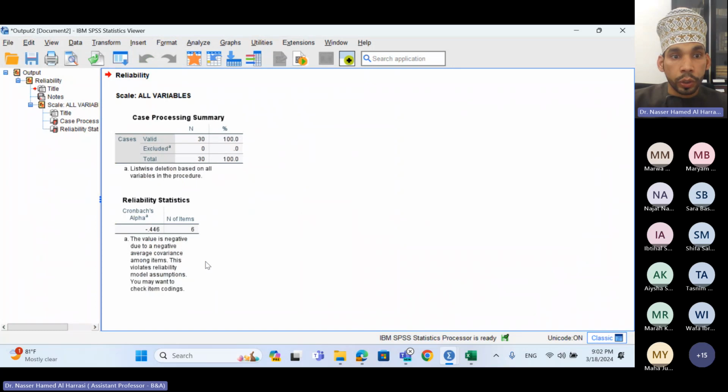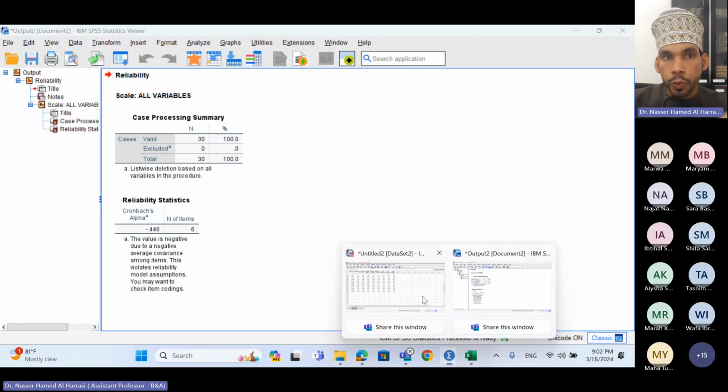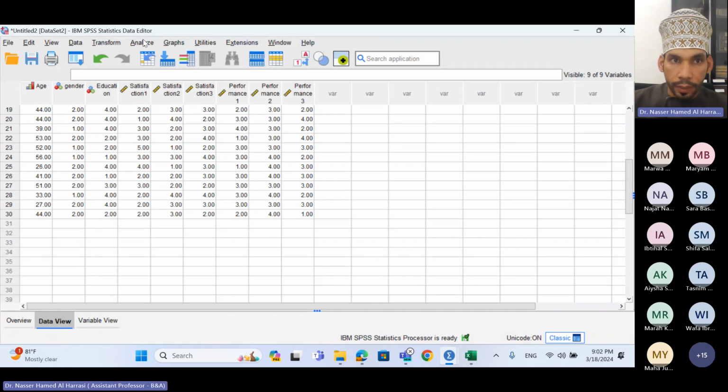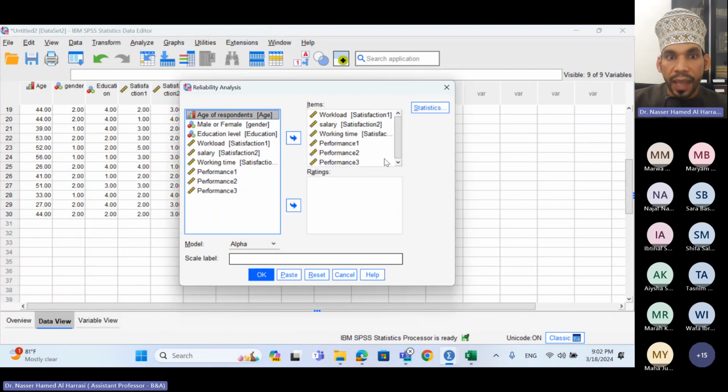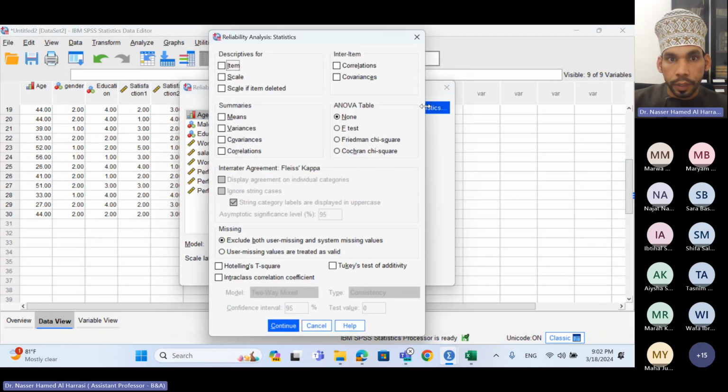Now there is an option. You cannot just rely on these results. You can choose another one. Go to analyze, scale, reliability, and in statistics here, you have to choose, where is it?